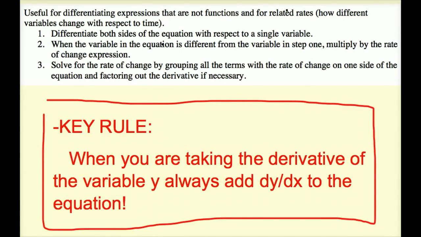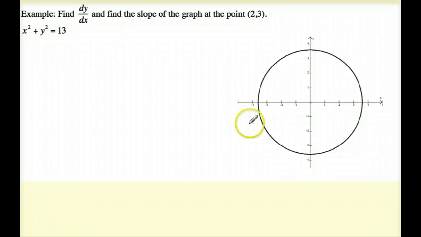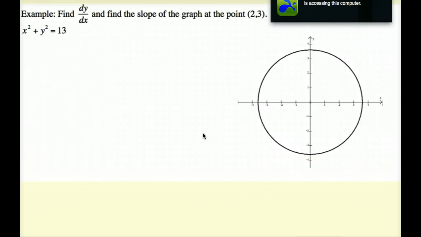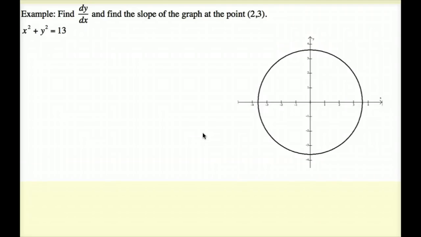So let's go ahead and take a look at our problem. And as you can see, this right here is not a function, right? So if you take a look at this graph, you see that I have multiple y values for our different x values.